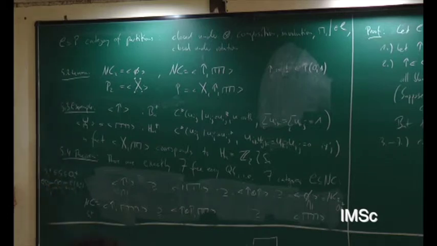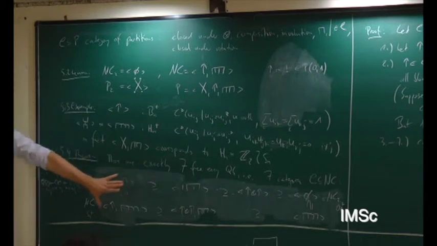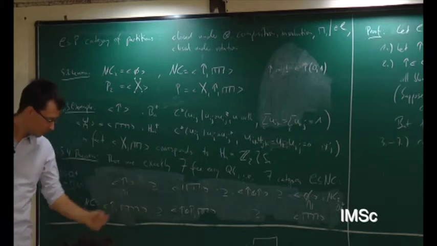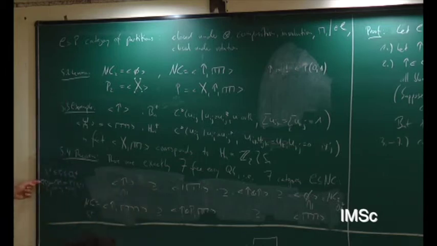So this is how I have these categories of partitions. If I pass to the quantum groups, all these inclusion signs turn around. If I pass then to the C-star algebras over it, all the arrows turn around again. And then I have something like this. And this is a non-commutative C-star algebra, so this must also be non-commutative.